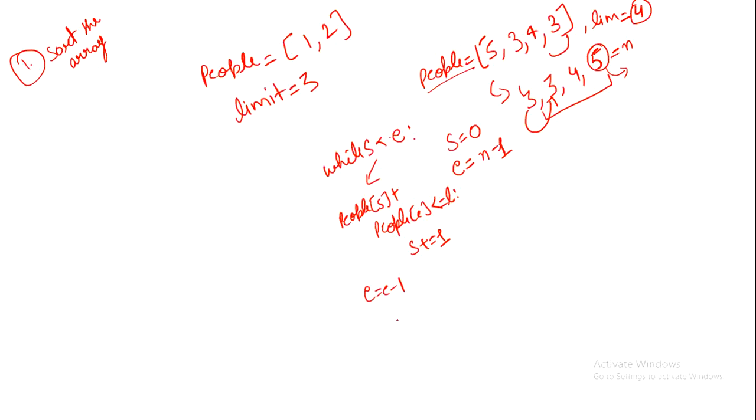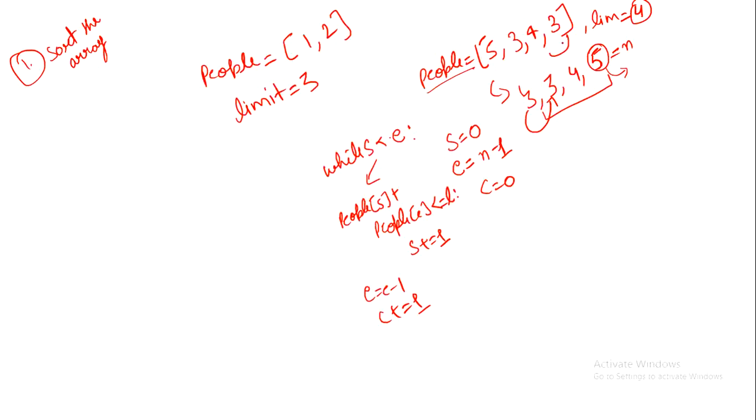According to this, we will also take a counter variable, let it be c, and we will increment the value of c. This is the approach that we can use to find a solution for this problem.